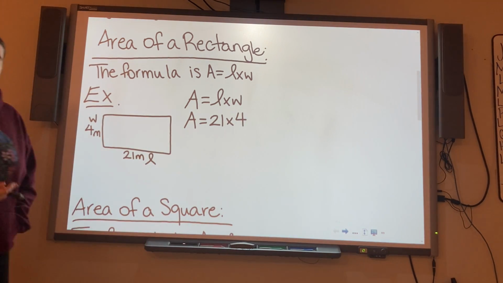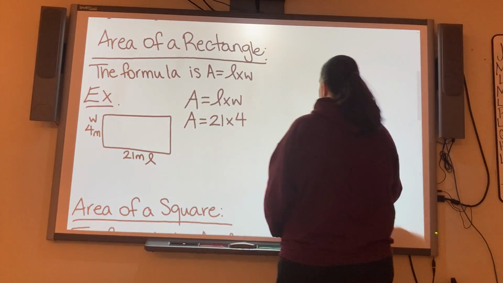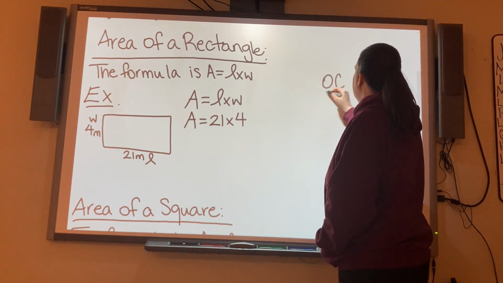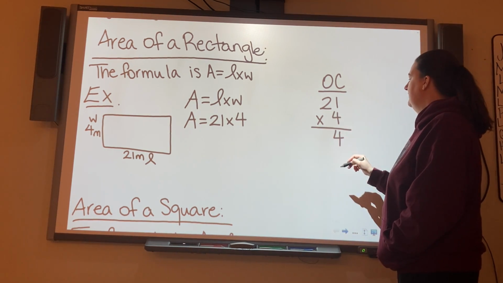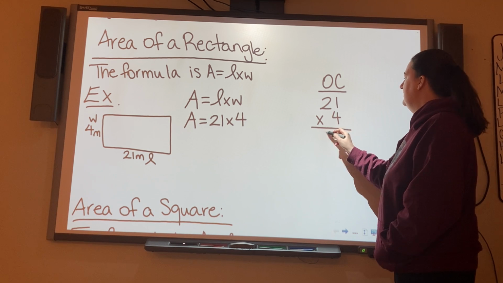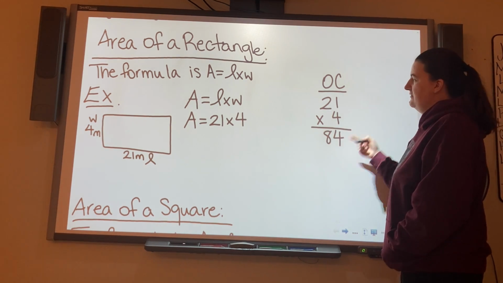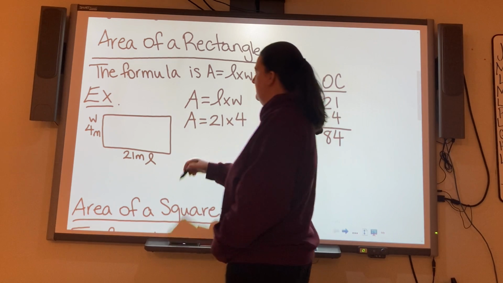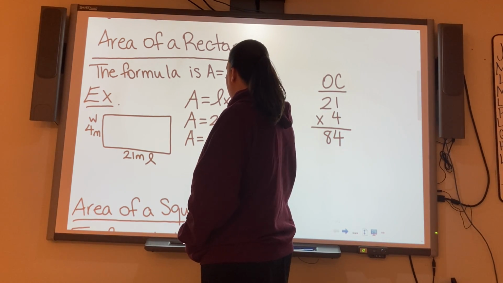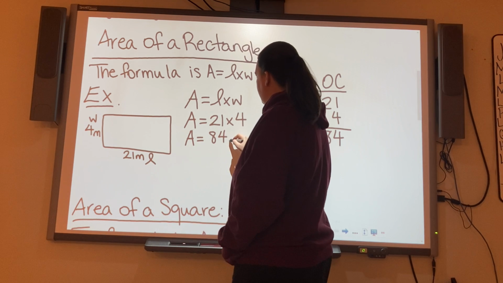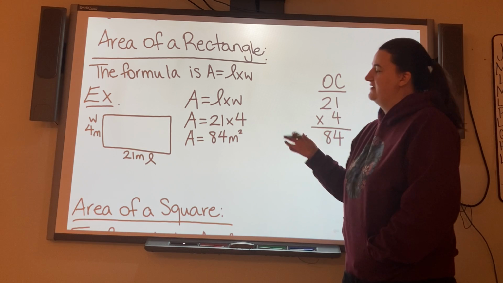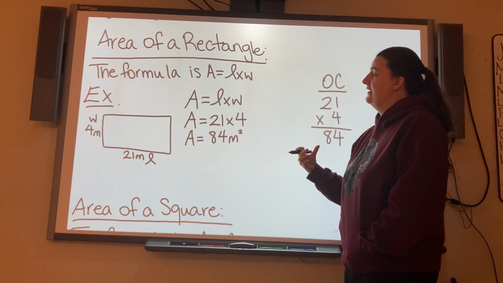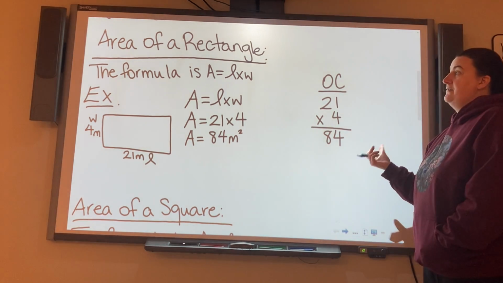So I just have to do an outside calculation to figure out what 21 times 4 is. 4 times 1 is 4. 4 times 2 is 8. So 84 meters squared. Area equals 84, don't forget your unit of measurement, meters, and then a little 2 to indicate it's all the space inside, meters squared. So that's the area of a rectangle.